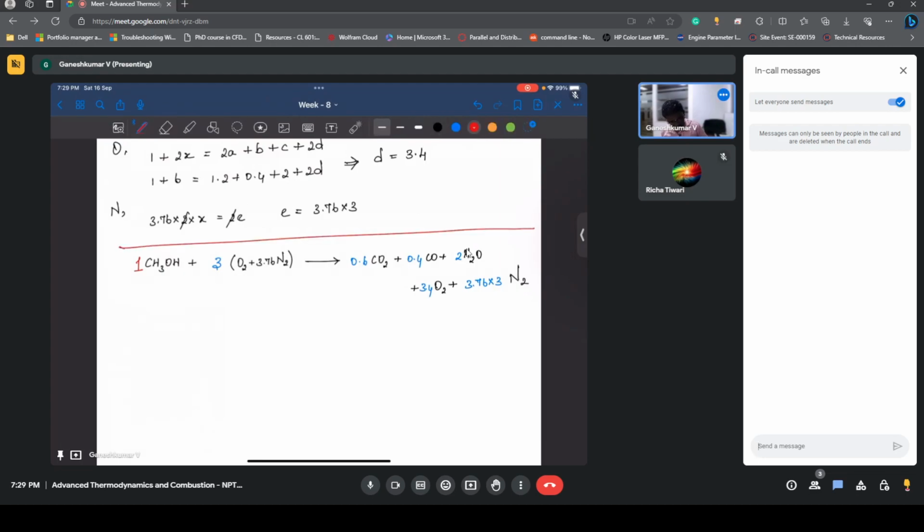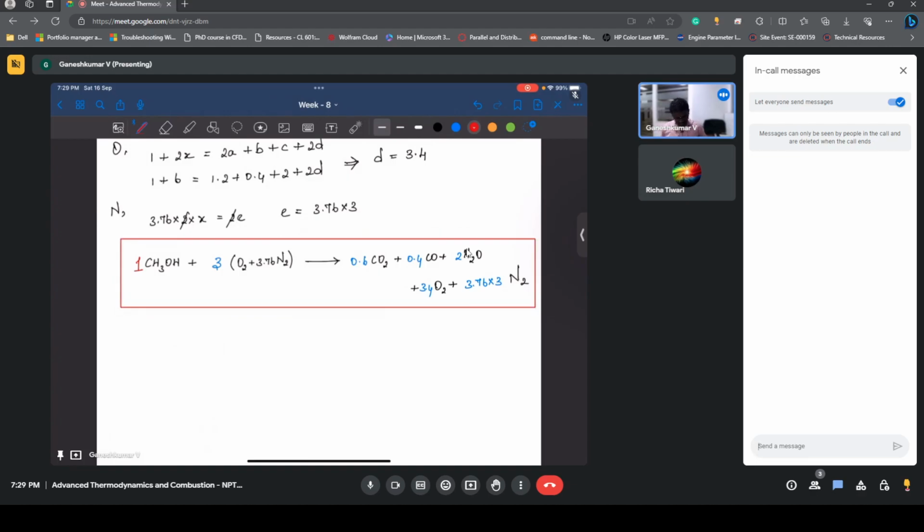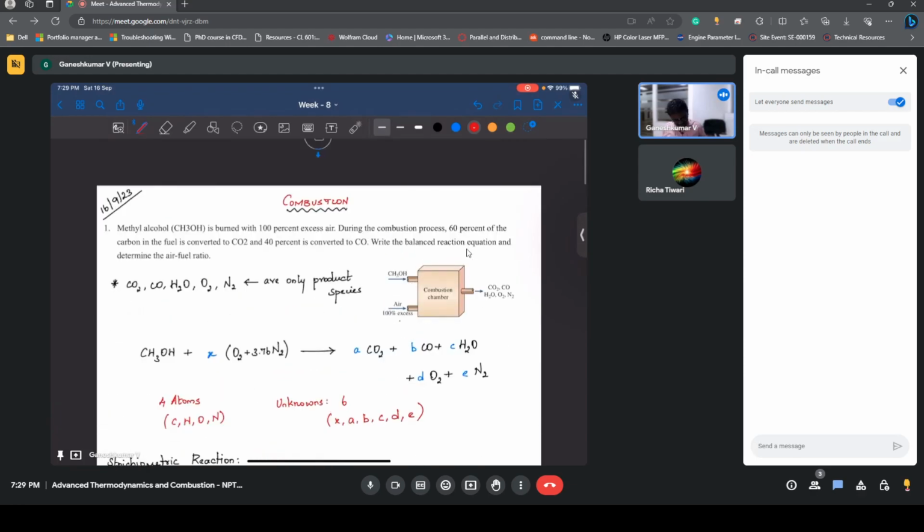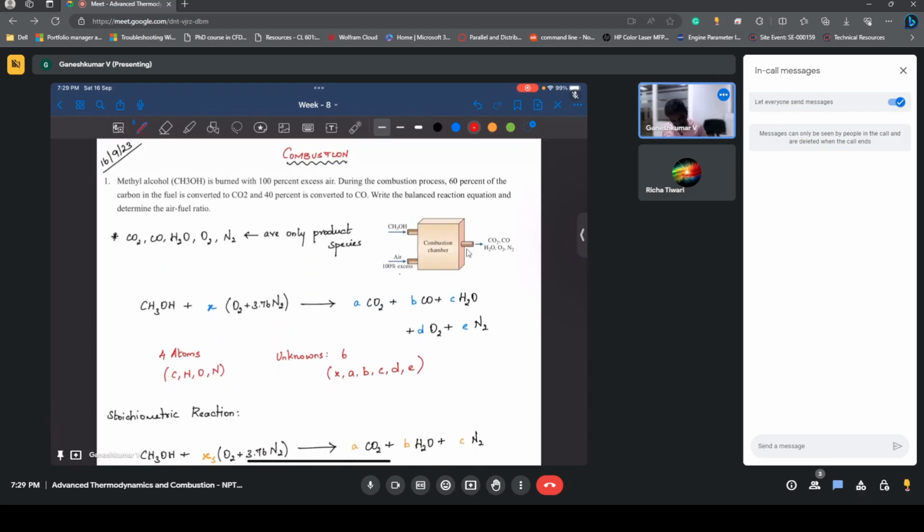This is how you will balance the equation. All right, so we wrote the balanced reaction equation. So this is done.